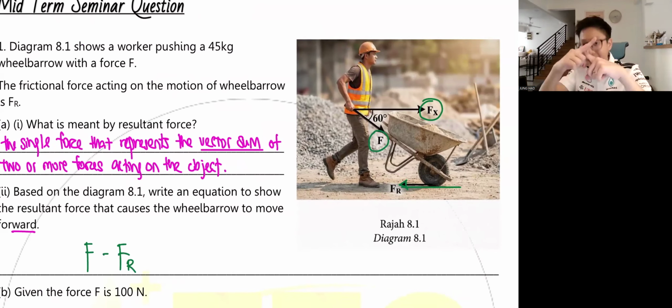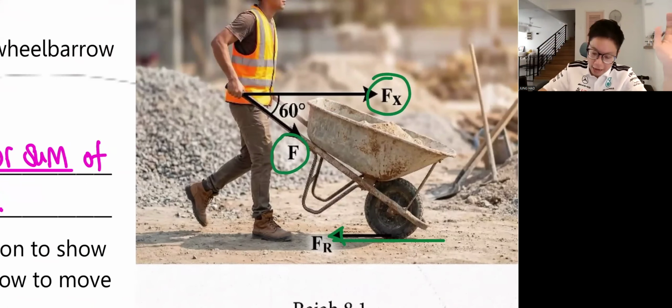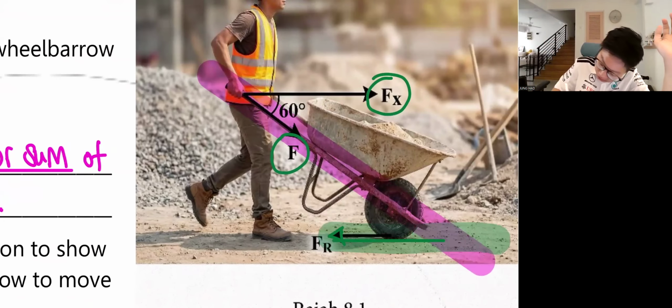But the answer is cannot. Why cannot? Remember, when we add force, minus force, you have to make sure that your forces are on the same axis, same direction. F is this direction, correct? Your Fr is this direction.